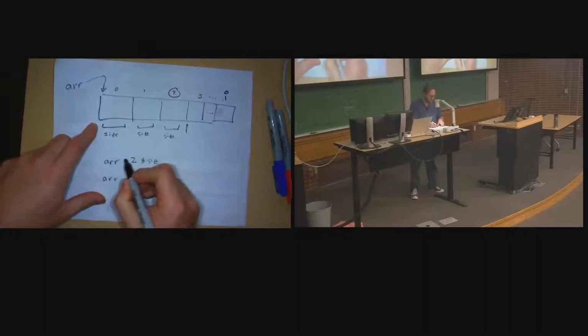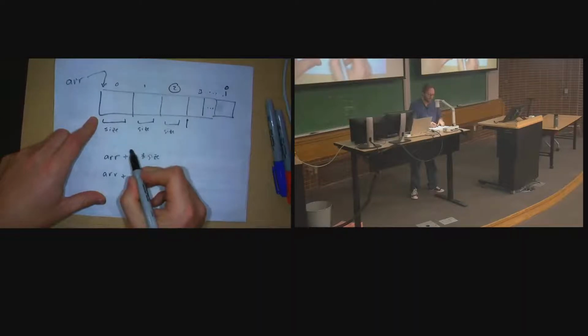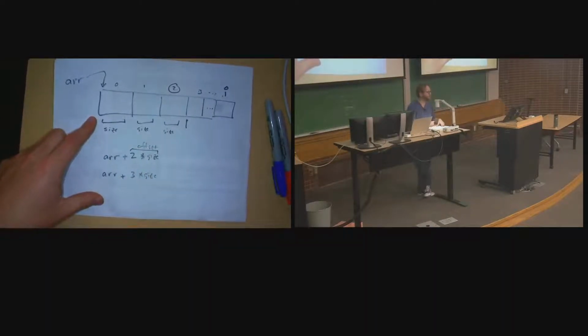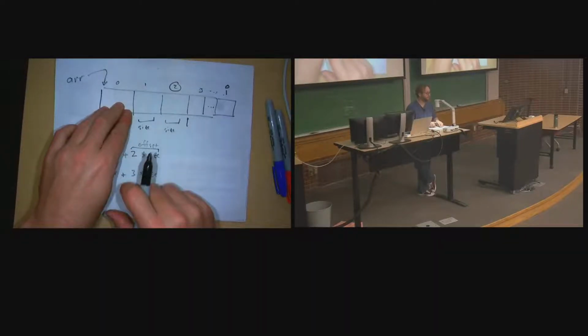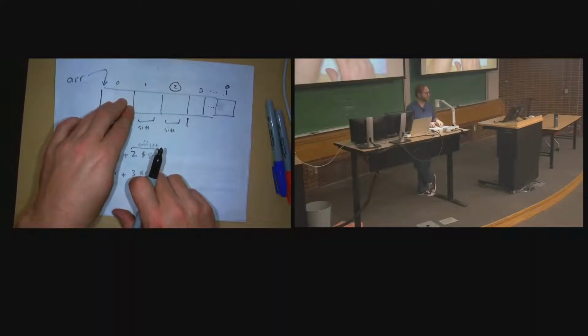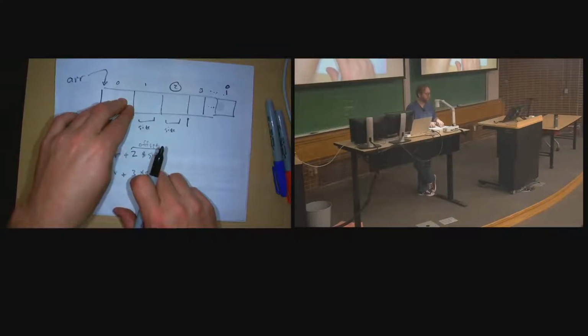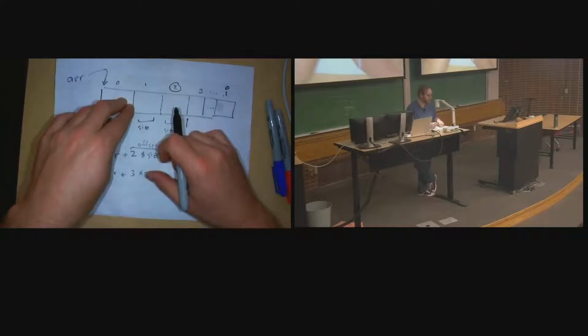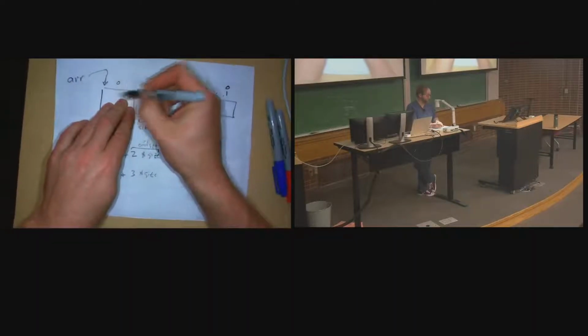And what do I do with these? I add them, because this is an offset. This is how memory works. This is how arrays work. I don't need to know that this is a 4-byte integer, or an 8-byte double, or an 8-byte pointer, or a 40-byte student sitting in here.